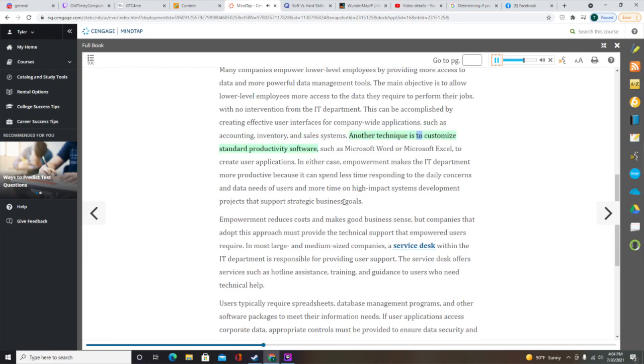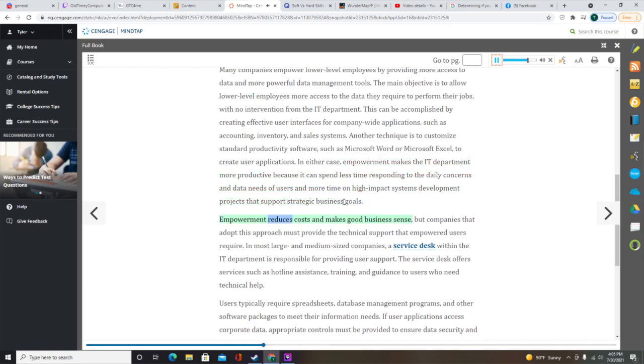Another technique is to customize standard productivity software, such as Microsoft Word or Microsoft Excel, to create user applications. In either case, empowerment makes the IT department more productive because it can spend less time responding to the daily concerns and data needs of users and more time on high-impact systems development projects that support strategic business goals.